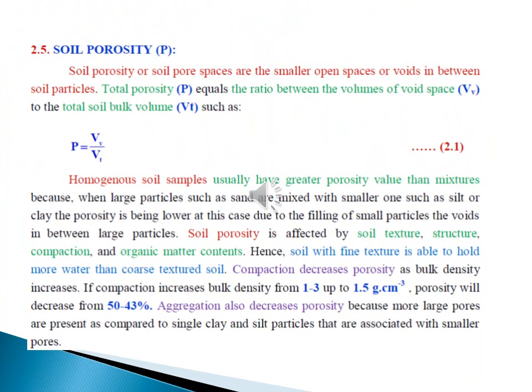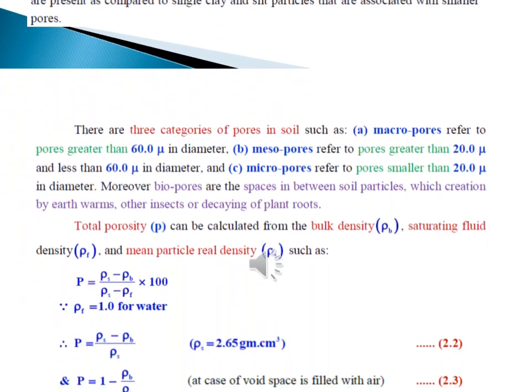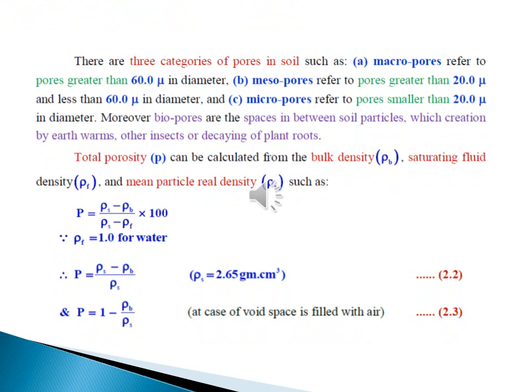Soil porosity or soil pore spaces are the small open spaces or voids in between soil particles. Total porosity equals the ratio between the volume of void space to the total soil volume. There are three categories of pores in soil: macropores refer to pores greater than 60 micron diameter.